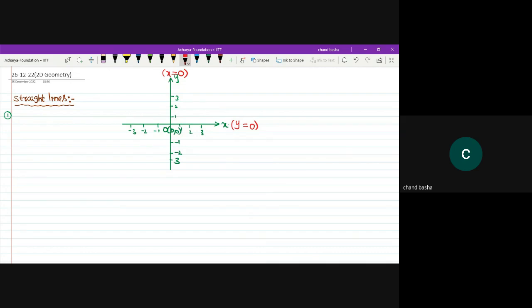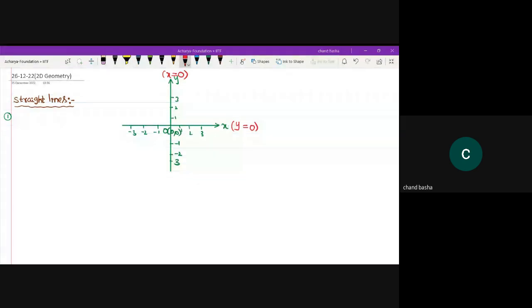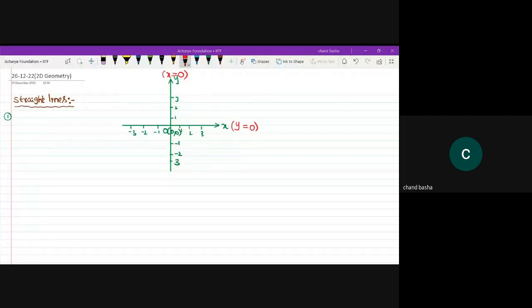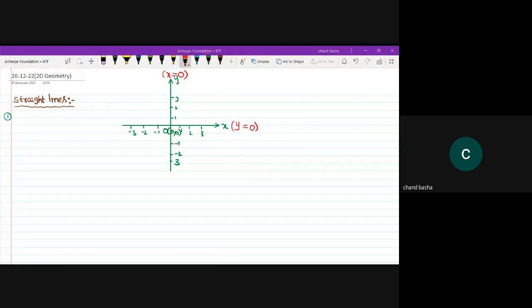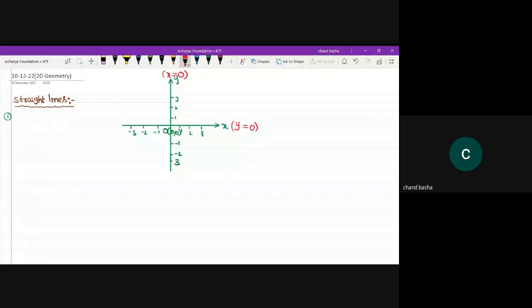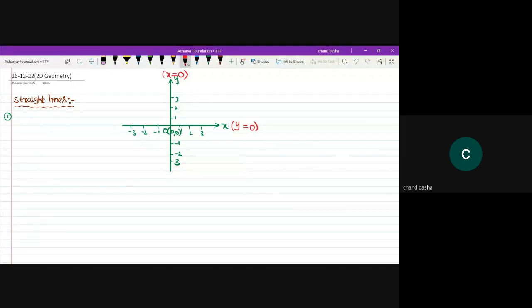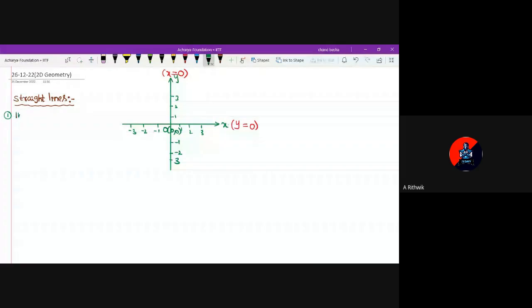That means the first point I can write, because if you are observing, no y value changes on x-axis. That y value is 0 only. That is the equation of x-axis.